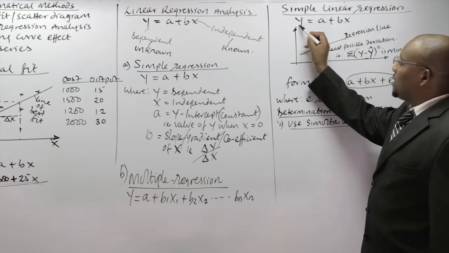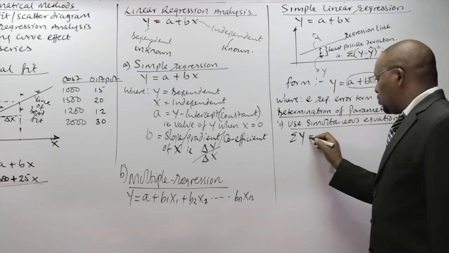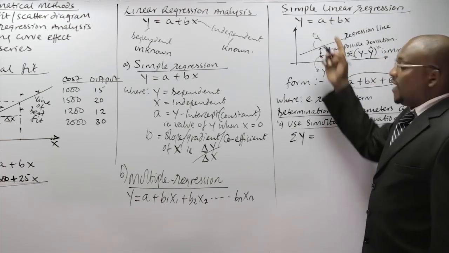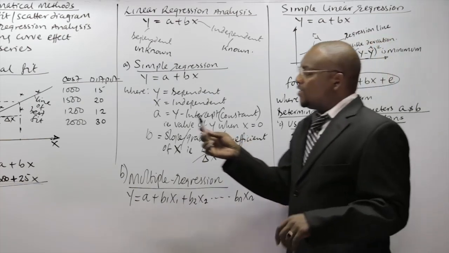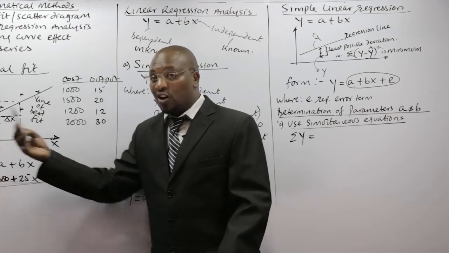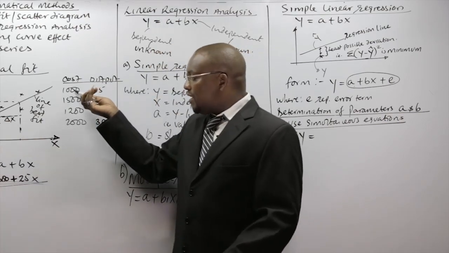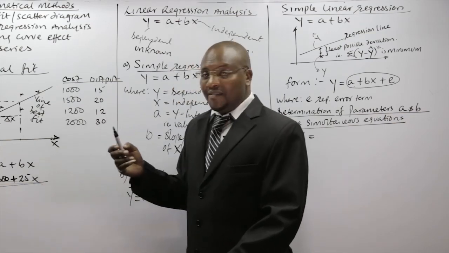Now we sum up y, it's going to be summation of y equals, we sum up this a. Now a being a constant, if you determine that this a is 600, then inside here you have 600, here you have 600, here you have 600, and even here you have 600.